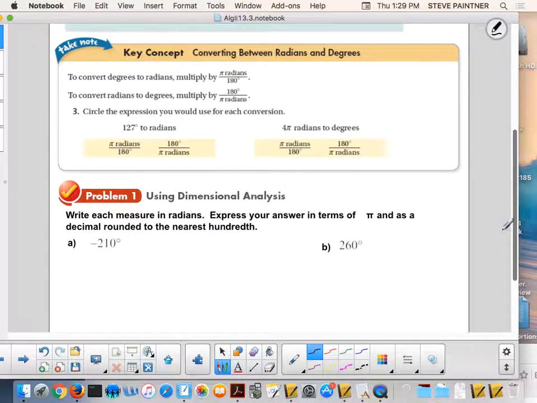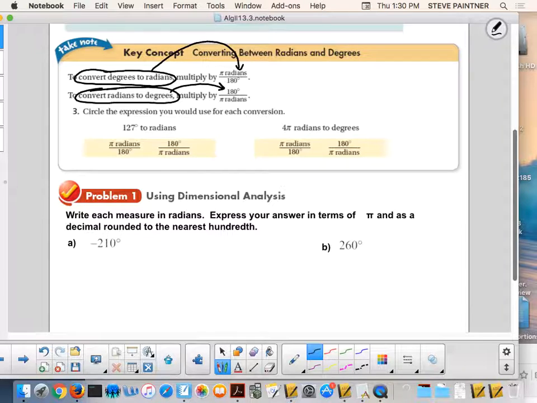Then you might want to circle a couple things. If you're going to convert degrees to radians, make sure you have radians on top and degrees on the bottom. If you're going to convert radians to degrees, make sure you have degrees on top. Again, whatever you want, make sure it's on top. Whatever you don't want, make sure it's on the bottom.